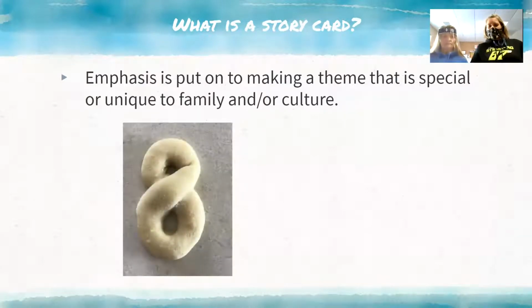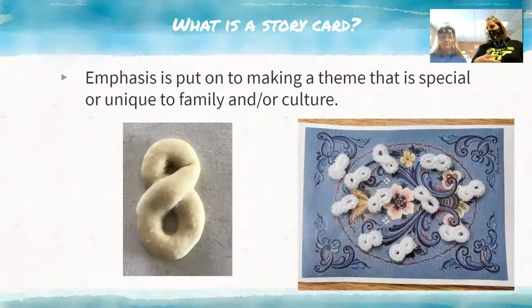I thought about this little bread cookie that we make with my grandma all the time that's called kringla, and I decided that's what I'm going to make mine out of. I printed out a Norwegian painting called rosemaling and put it on the card. Then I got some pipe cleaners and twisted them into the figure 8, and those are my little kringla that they can count.